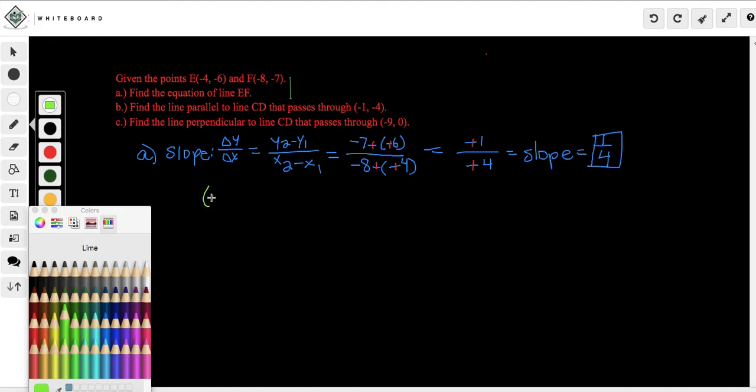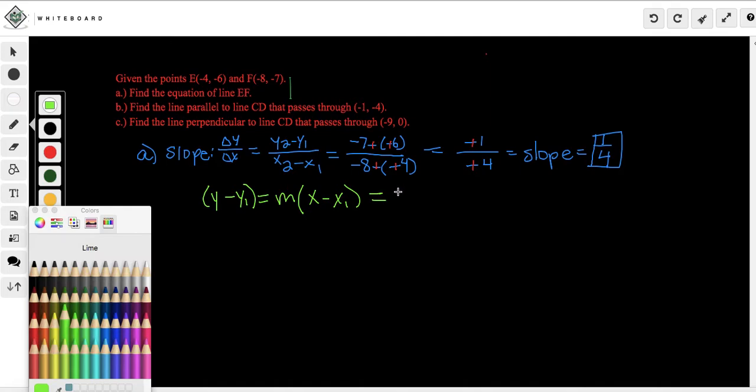So we're going to use the y minus y1 equals slope times x minus x1. So this is the point slope formula because we have 2 points up here and we have a slope. So it makes sense to use the point slope formula. So let's go ahead and figure this out.